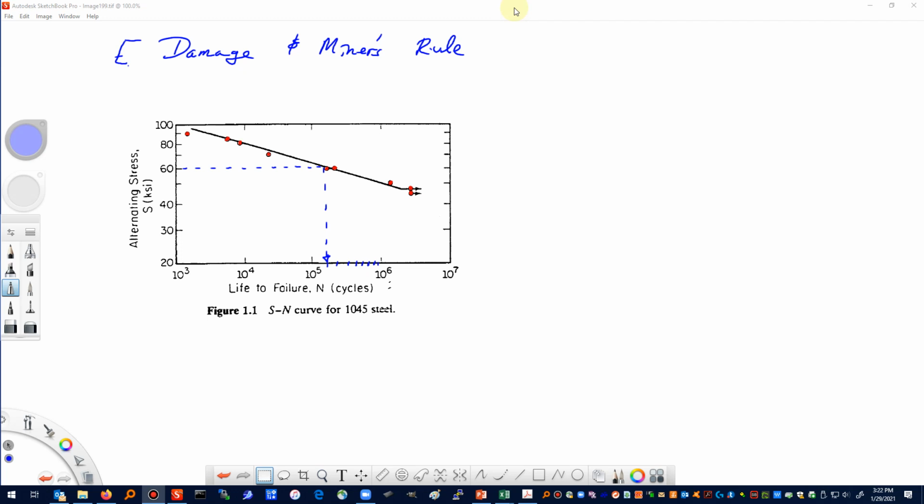Another thing I'd like to point out about the SN curve that I don't think I've pointed out yet is that in most graphs you plot the dependent variable on the vertical axis and the independent variable on the horizontal axis. However, it is traditional in fatigue to do the opposite. We control the stress amplitude by putting weights on a rotating bending machine or the load level in a servohydraulic testing machine.